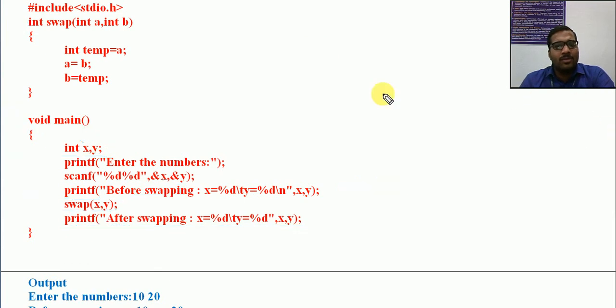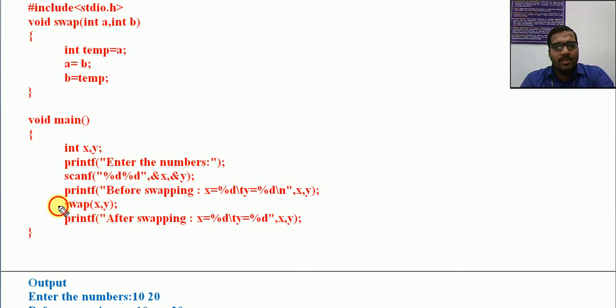If we use a return type, we should have the return statement. So I am simply modifying that as void now. It is not returning any value. If I am using int here, I should have a return statement. If nothing is to be returned, I can simply write return 0. It will go back to the main function.